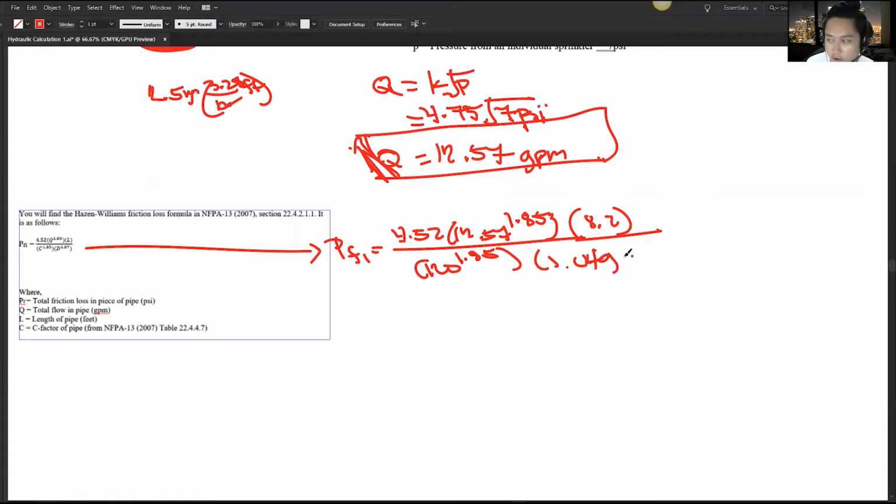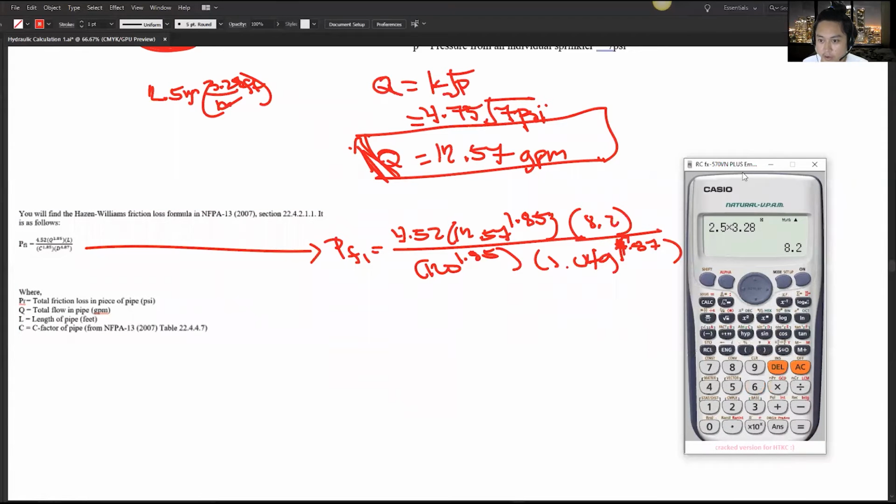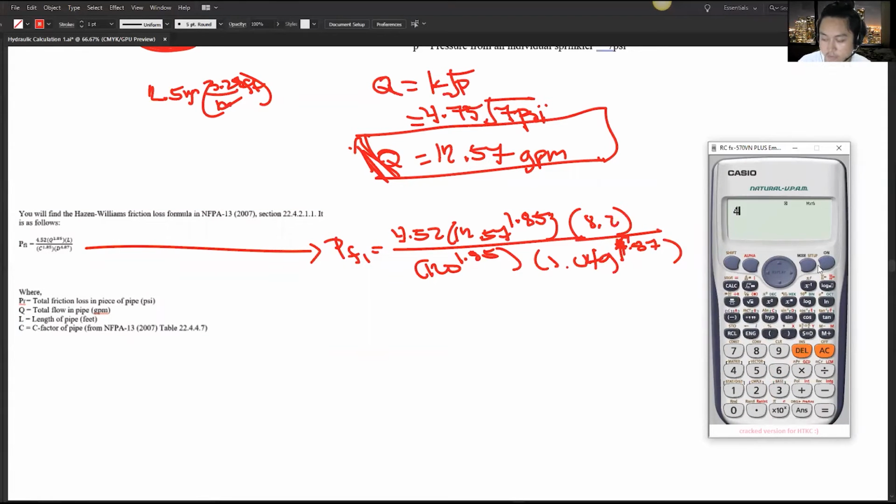So that's 1.049 raised to the power of 4.87. D equals 4.87. Okay, if we get my calculator here, we'll input all this. So that's 4.52 times 12.57 raised to the power of 1.85 times 8.2 times 120 raised to the power of 1.85 times 1.049 raised to the power of 4.87.